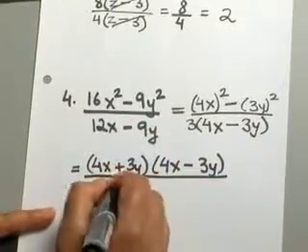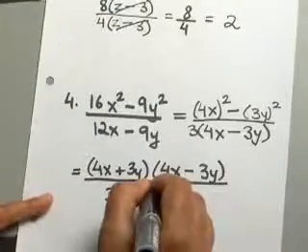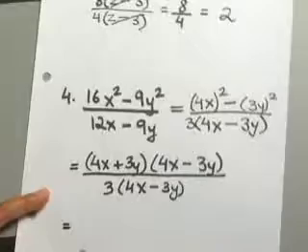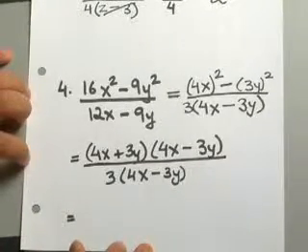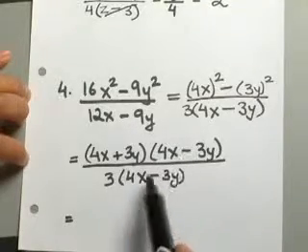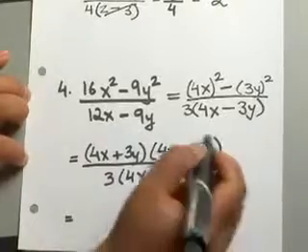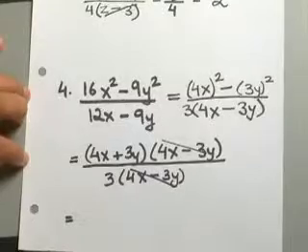And then the denominator, we of course already factored out, so you're left with 3 times the quantity 4x minus 3y. So again, if you will notice, you have a whole binomial term which is common between your numerator and your denominator. 4x minus 3y is common, and you can go ahead and cancel that term out.